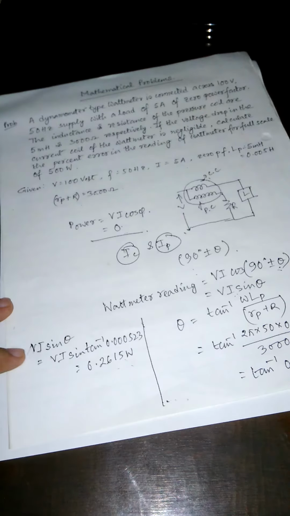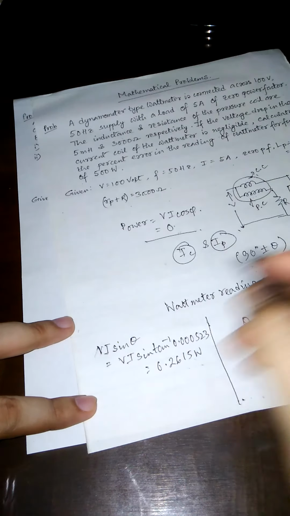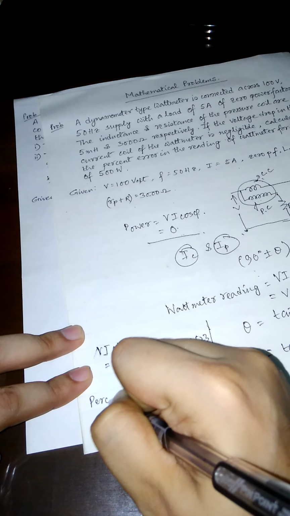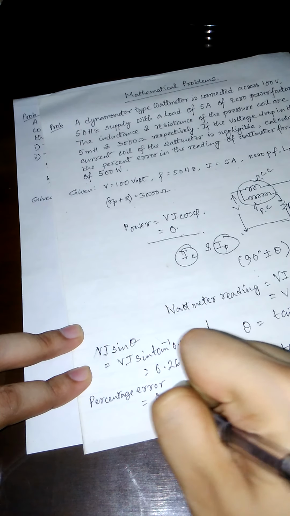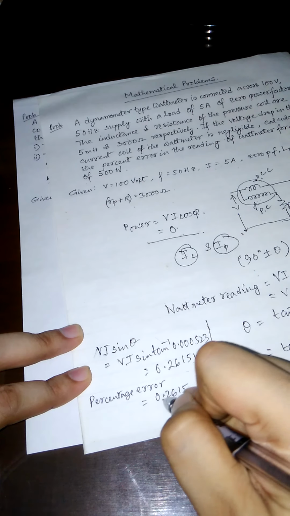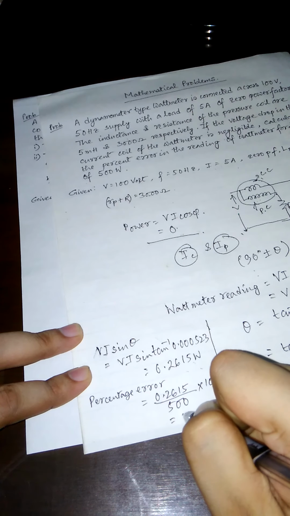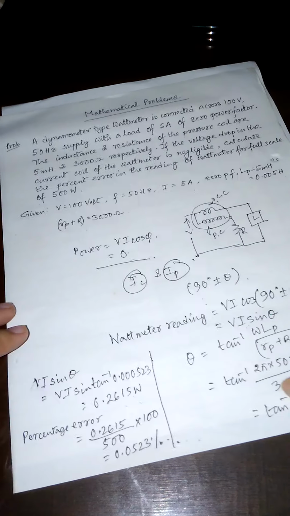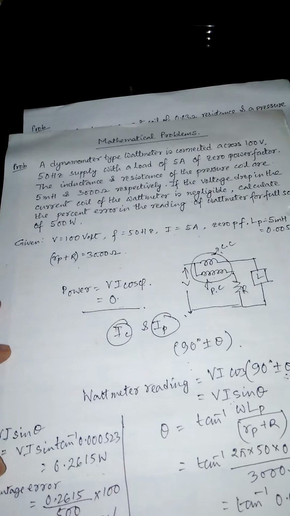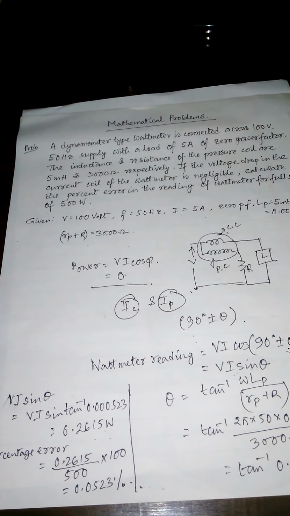For a full scale of 500 watt, the percentage error will be 0.2615 divided by 500 into 100, that is 0.0523%. So this is the percentage error. That is our problem. By this we can do the calculations of the percentage error in the reading of a wattmeter.